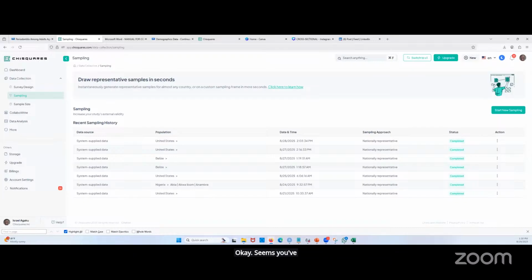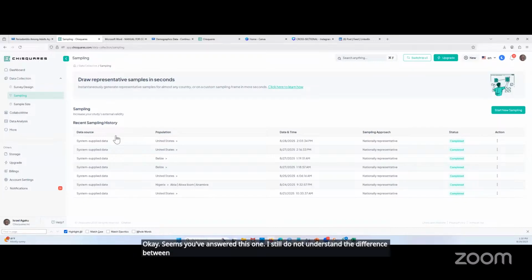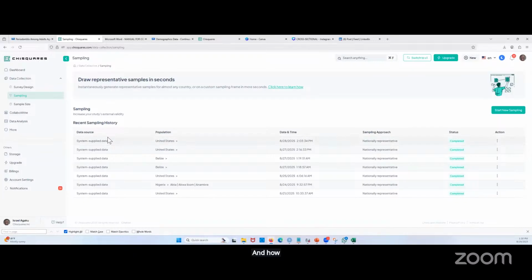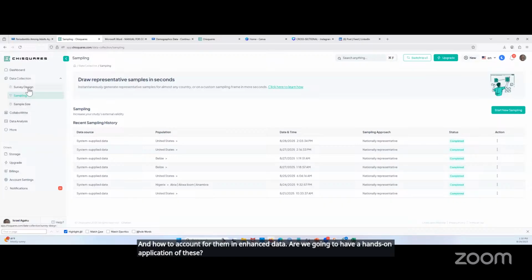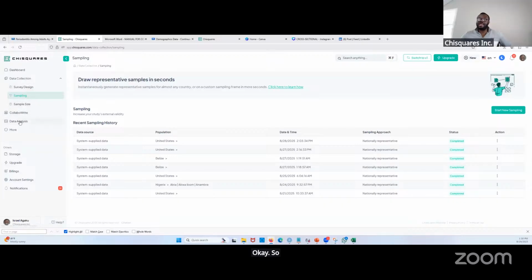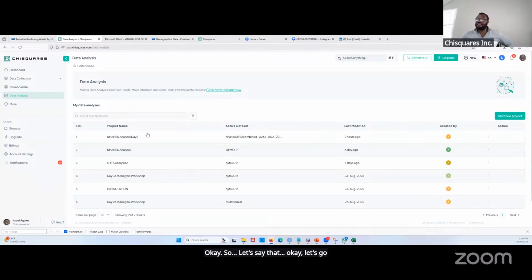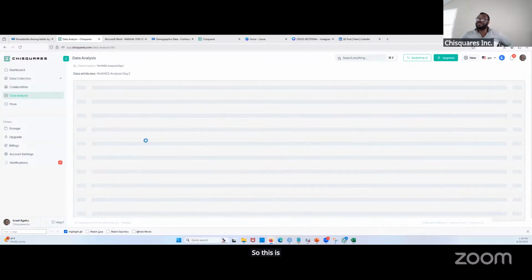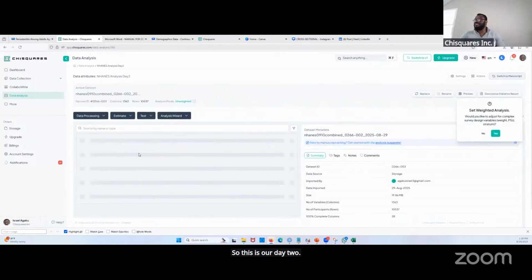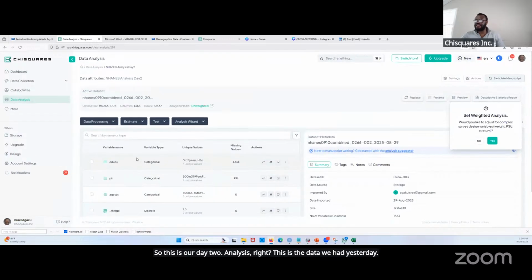I still do not understand the difference between PSU and strata and how to account for them in NHANES data. Are we going to have a hands-on application of these? Okay, so let's go back here. This is our day 2 analysis, right? This is the data we had yesterday. Let me make this bigger.